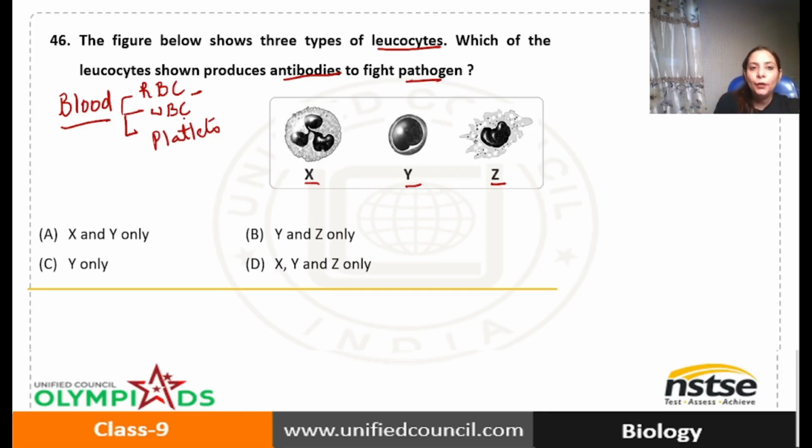Now WBCs, white blood cells, their main function is to protect our body from infection causing agents, or we can say they act as soldiers of the body, because they build our immunity, or they give us the strength and power to fight infection causing agents. And platelets are involved in the process of blood clotting to prevent excess loss of blood.